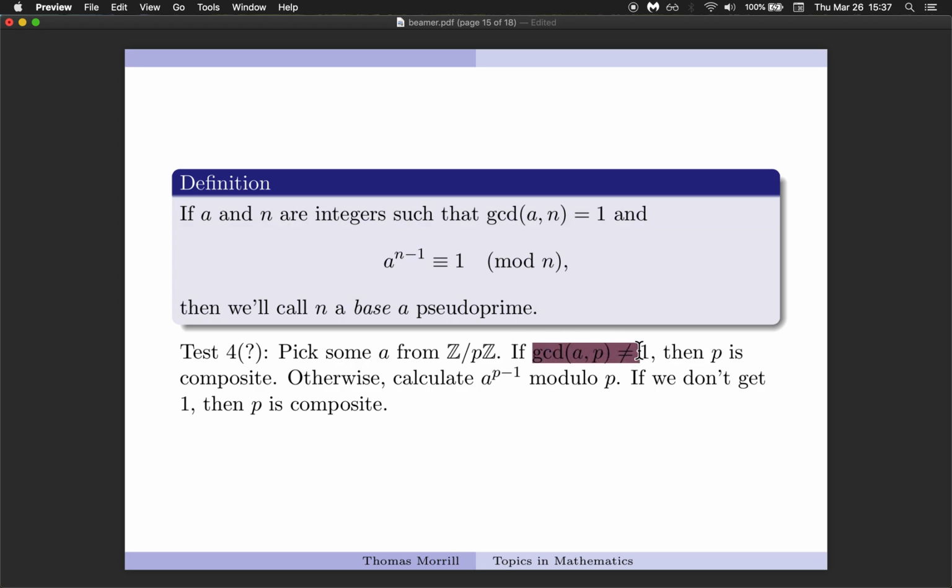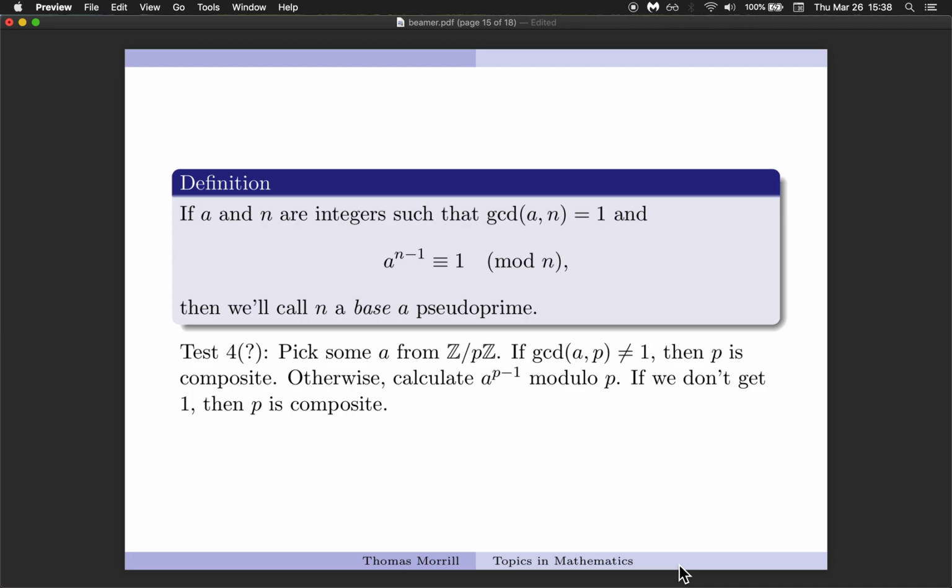Otherwise, I pass the GCD test, so I still have A to the N take 1 on the table. So I'm going to calculate, well, my number's P, so I'm going to calculate A to the power P take 1 modulo P. If I don't get the number 1 back, then P has to be composite.